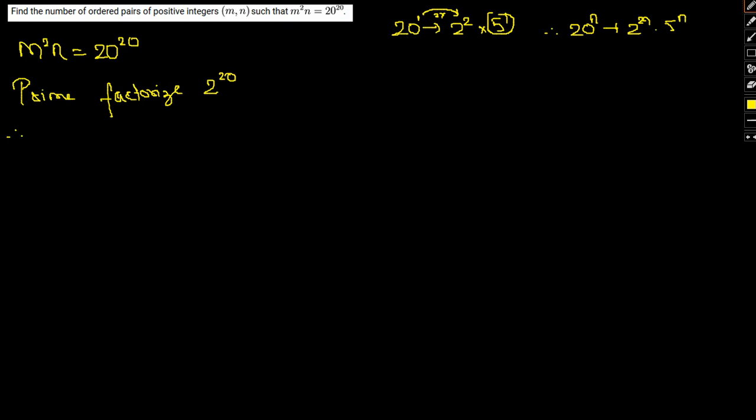So therefore prime factors of 20 to the power 20 is 2 to the power 40 and 5 to the power 20. Okay.